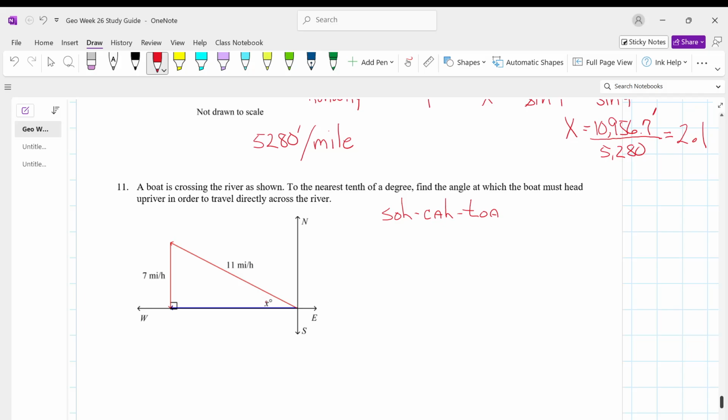We're looking for an angle measure, so we're using inverse of opposite over hypotenuse. So we're using inverse sine equals the opposite side over the hypotenuse. So 7 over 11, second sine, equals 39.5 degrees.